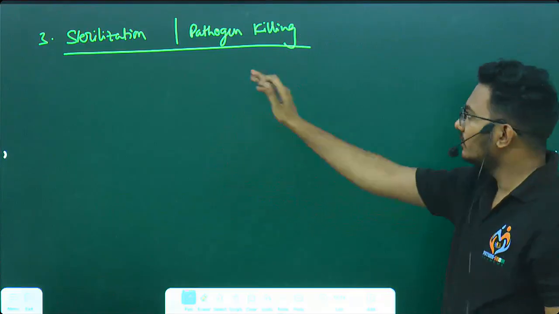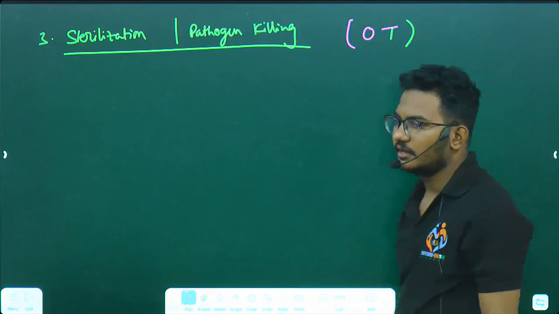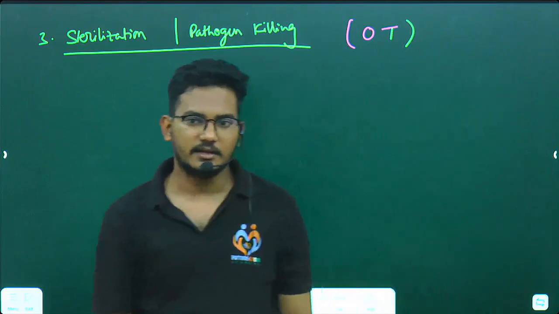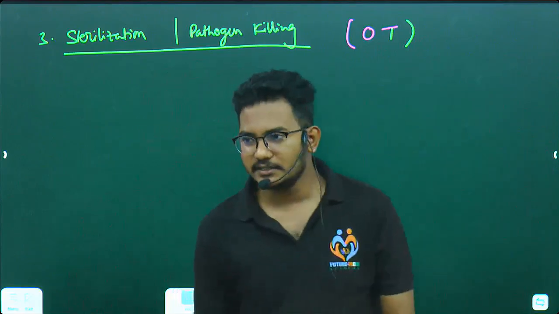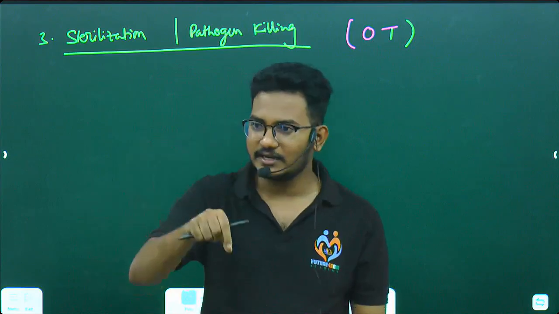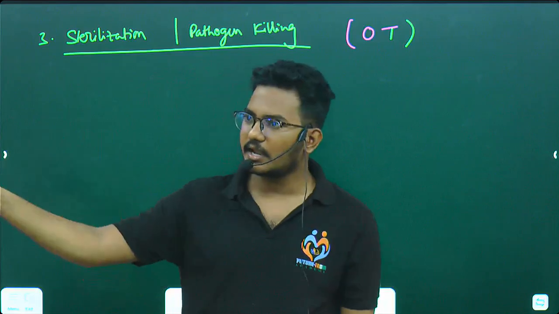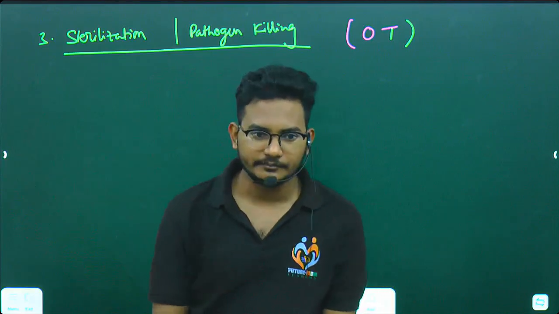Okay, so where will this process be used in science and tech? In operation theaters. Why? See, in operation theaters, they'll cut you and make stitches. While cutting, there are high chances that if there are some bacteria in the room, they'll enter into your body.